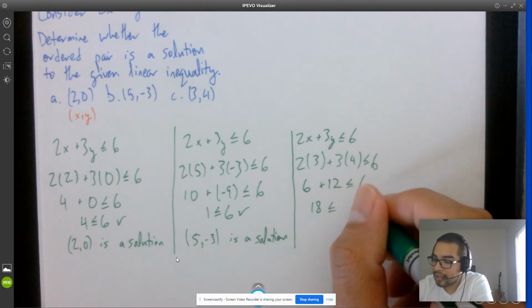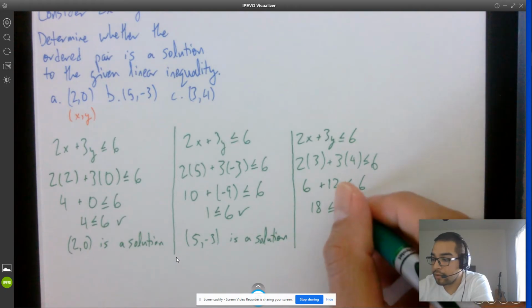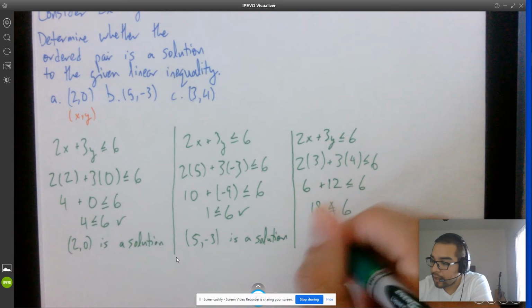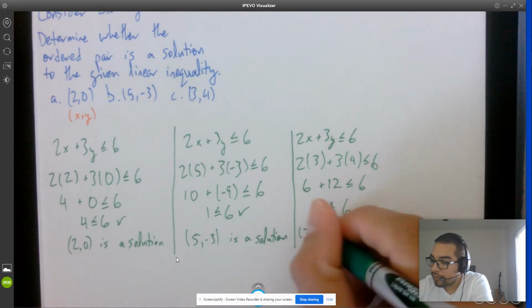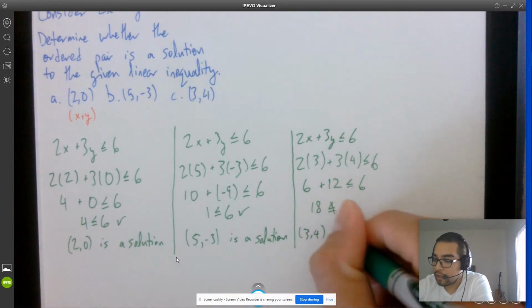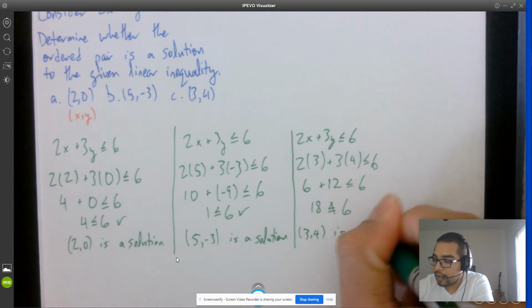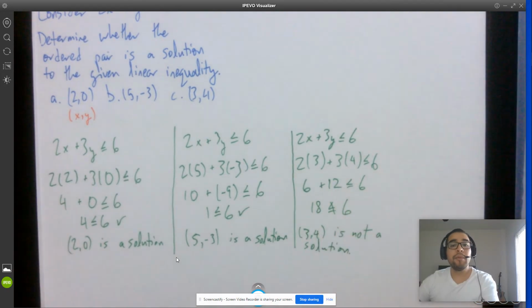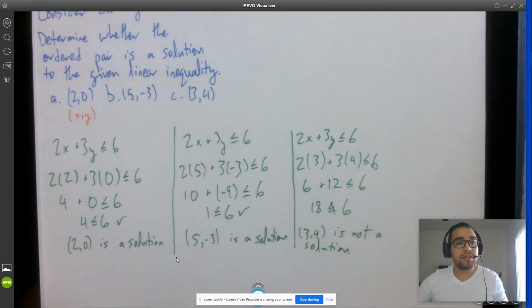I want to see if this is a true statement, but it is not. So (3, 4) is not a solution. This is how we can check to see if these coordinates are solutions to this inequality.